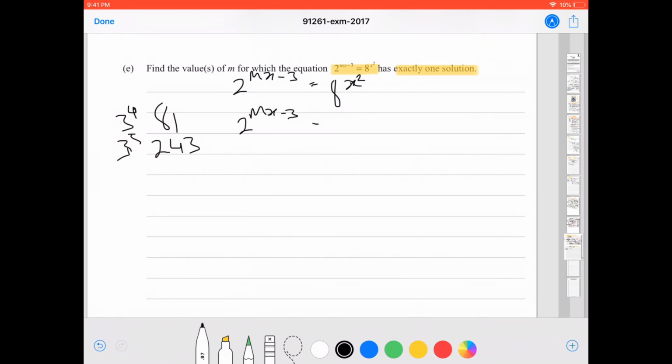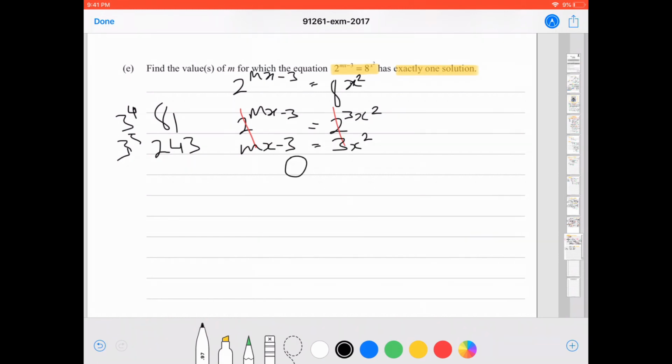And we're going to say 2 to the power of 3, and let's just multiply straight away. 2 to the power of 3x squared it is. Okay. Now, again, same base, they equal each other. We can cancel the base. And so we've got mx minus 3 equals 3x squared.